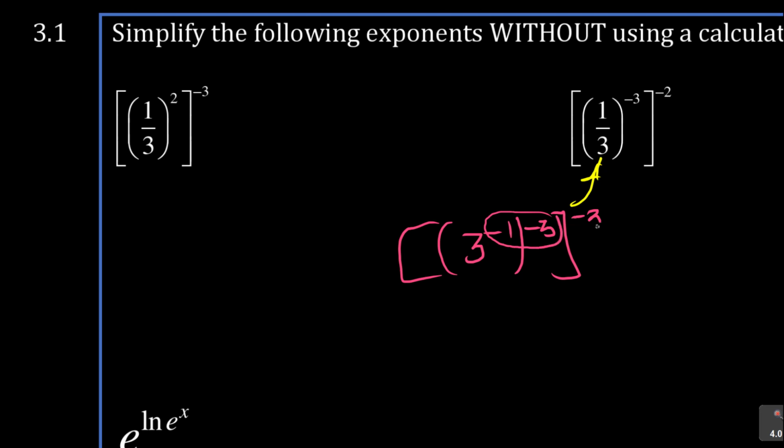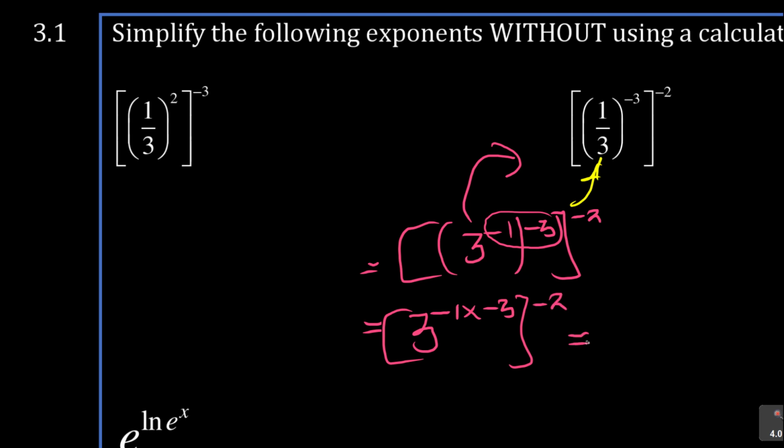Please don't start outside; it can still give you the same answer, but always go inside out. To show the working, -1 times -3, and then you close the bracket for -2, which is equal to, now positive, 3 to the power of 3 to the power of -2.